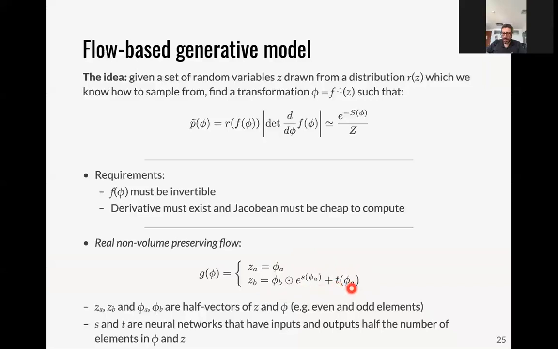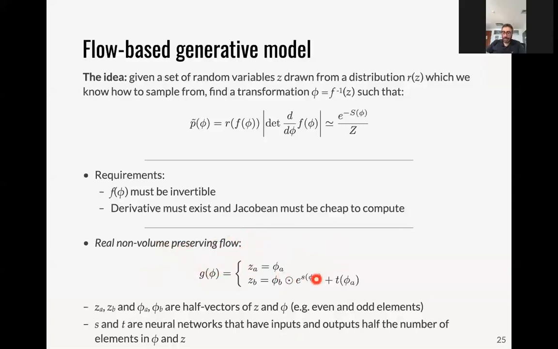So it's being scaled and shifted. And the scale parameter and the shift parameter depend on the half of the vector that you left unchanged. Okay. So this G of phi indeed maps from the same number of elements to the same number of elements.